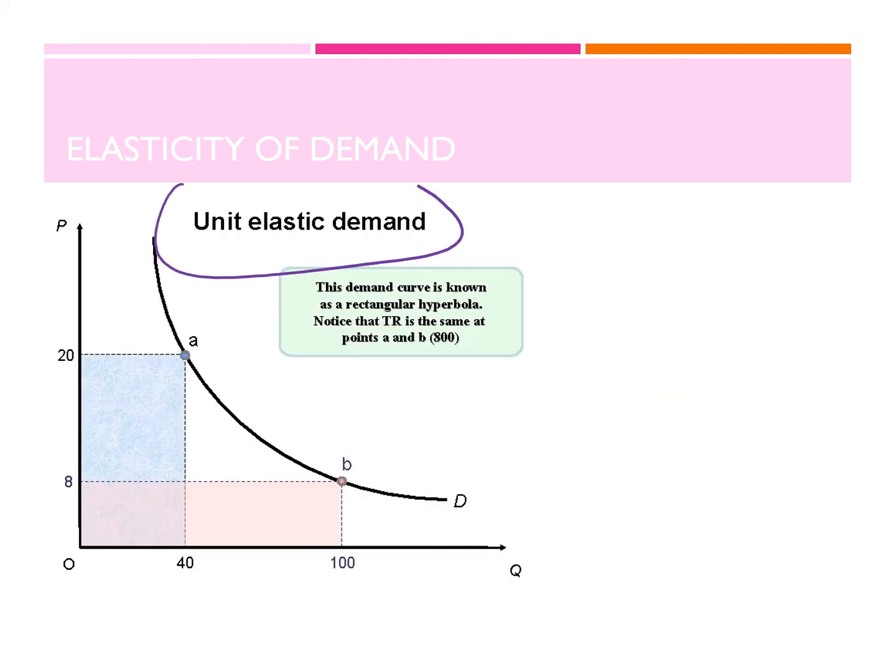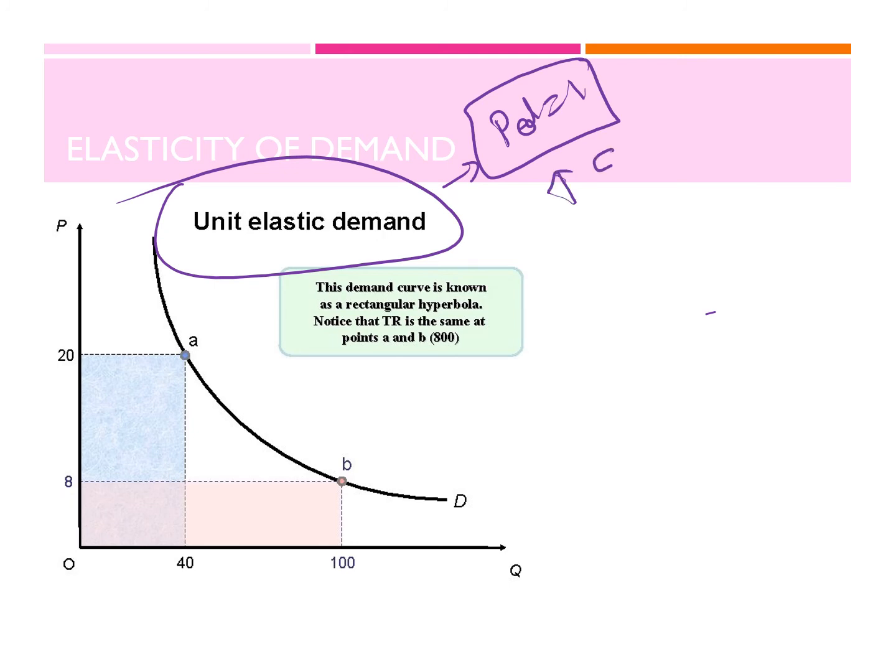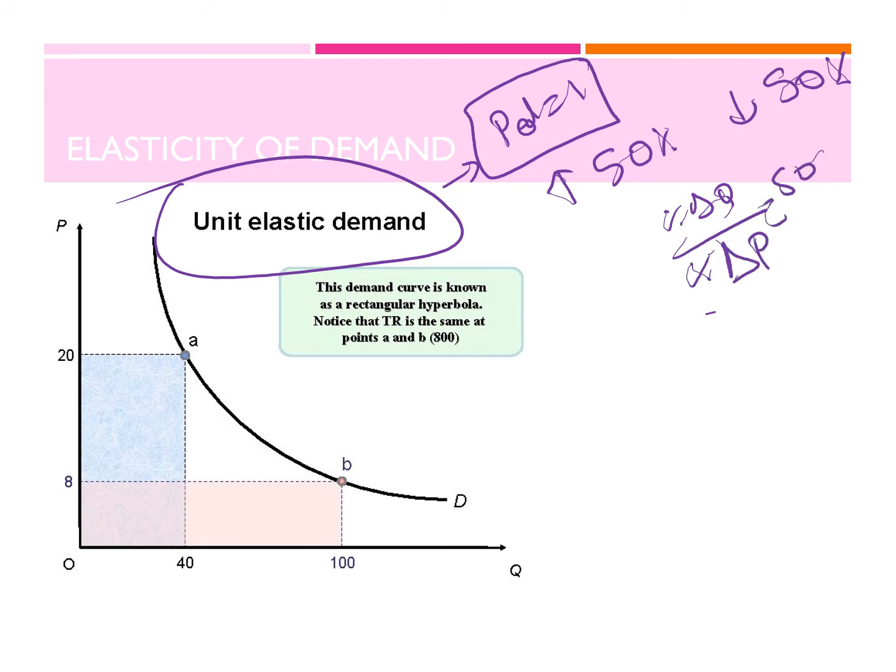Now here I have unit elastic demand, or unitary elasticity. In this case, when I calculate PED, my answer would always be equal to 1. It means if prices increase by 50%, the quantity demanded will also decrease by 50%. So when I calculate the PED, percentage change in quantity over that of price, which is 50% divided by 50%, I will get an answer equal to 1.